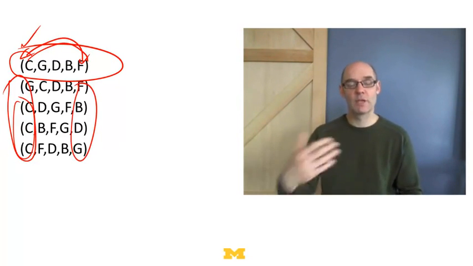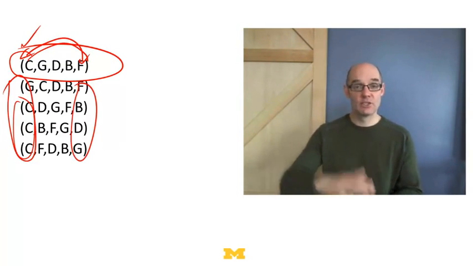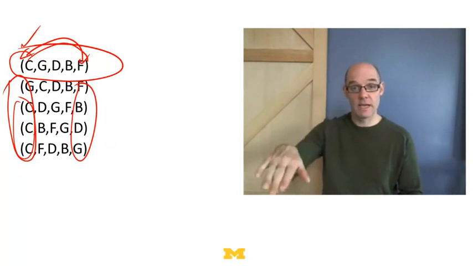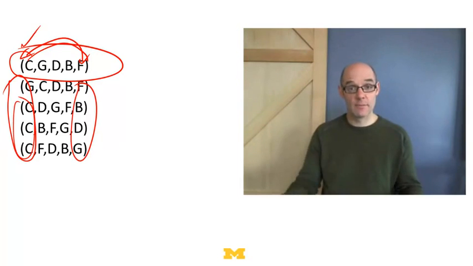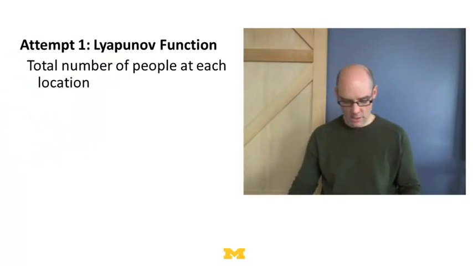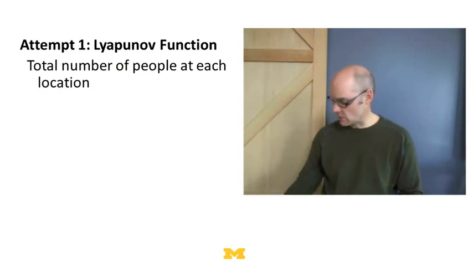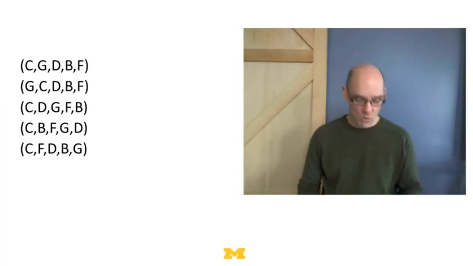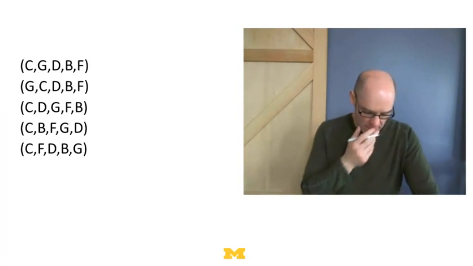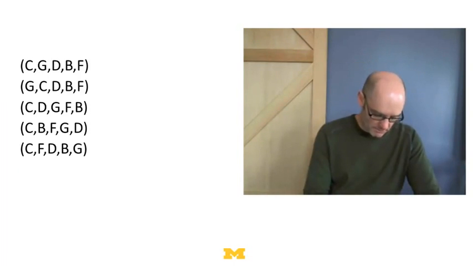What we want to show is we can put a Lyapunov function on this process and show that this system is going to keep going down and eventually has to stop because there's a min. So what's the Lyapunov function? Remember I said this is the hard part and it's hard. So the first thing you might think of is, well, maybe it's just the total number of people at each location. Well, let's try that. So how many people go to the cleaners?